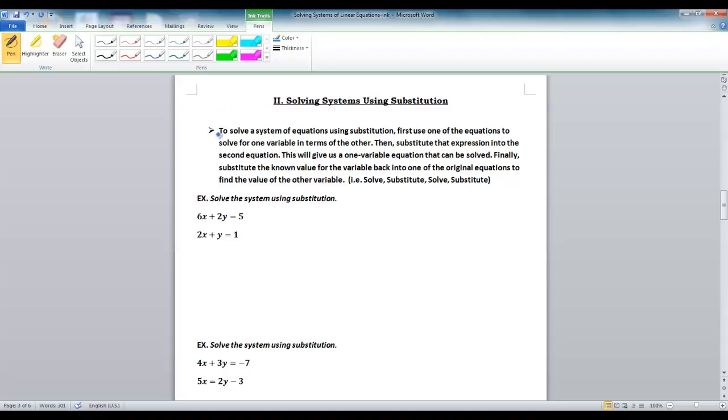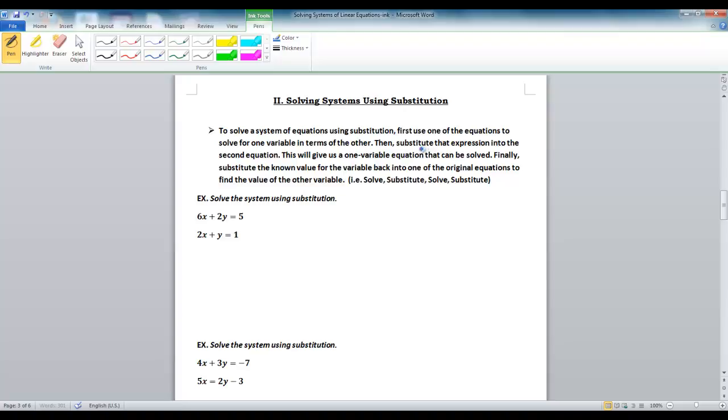To solve a system of equations using substitution, first, you're going to take one of the equations and solve for one of the variables. Usually, you pick the one that's easy to get by itself. Once you have that variable by itself, you're going to take that expression and substitute it into the other equation in place of that variable.